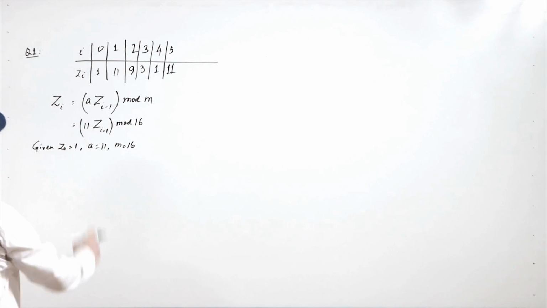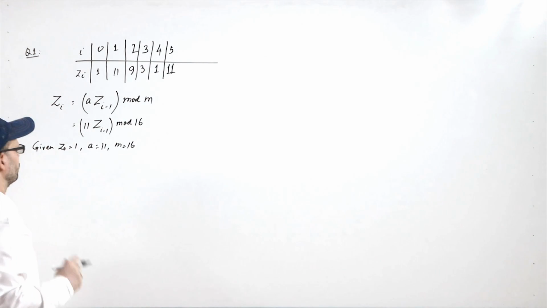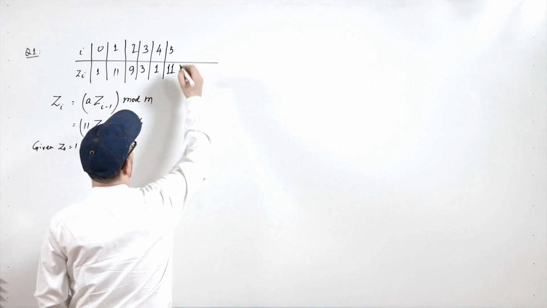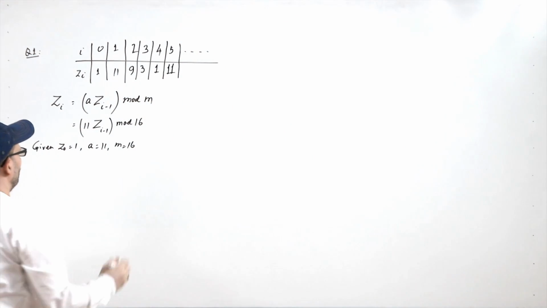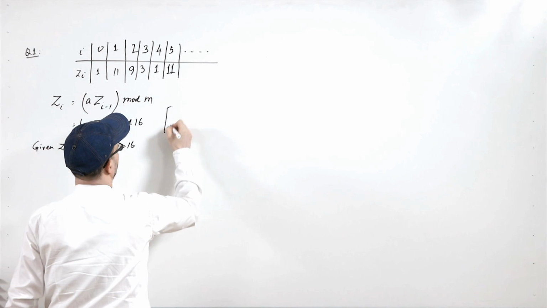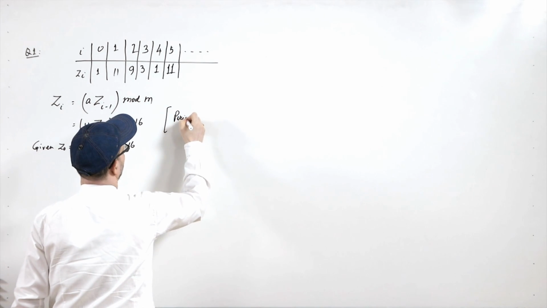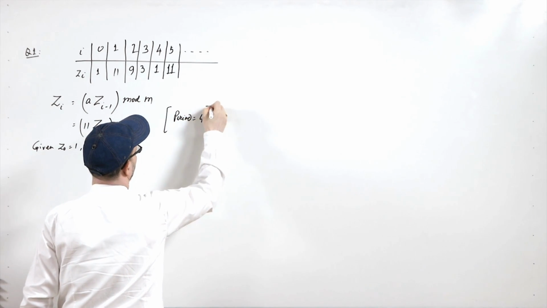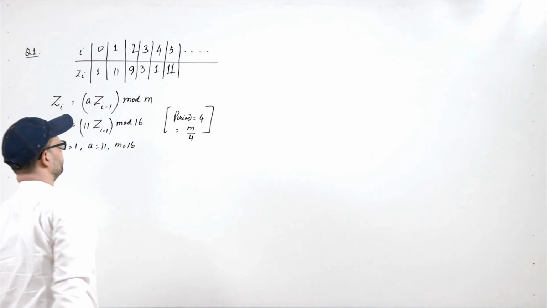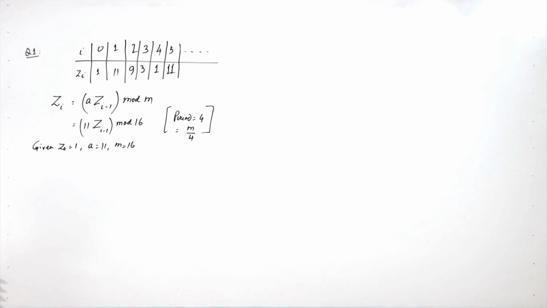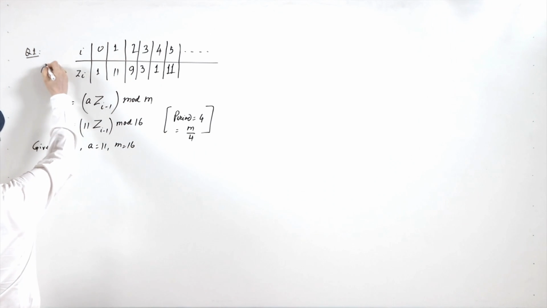In this case the period is 4, and this will go on repeating. So the period is m by 4, because m is 16, so 16 by 4 is 4. This is the A part.